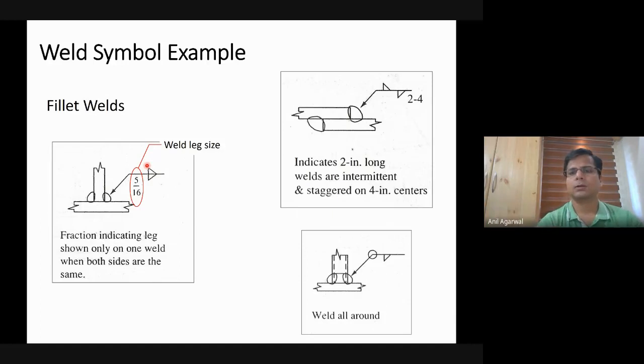Okay, this is another example wherein two fillet welds are provided between the two plates. Now there is some difference here. Here I have not marked the size of the weld. Usually I should provide the size of the weld, but I'm not showing too many details here. Let's say the size of the weld is mentioned before the weld symbol.